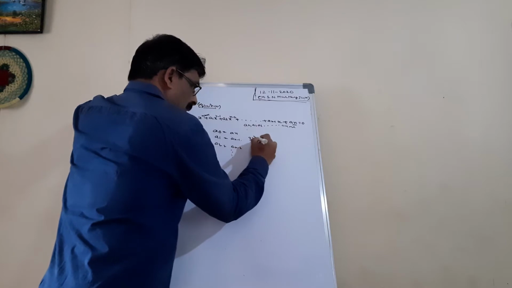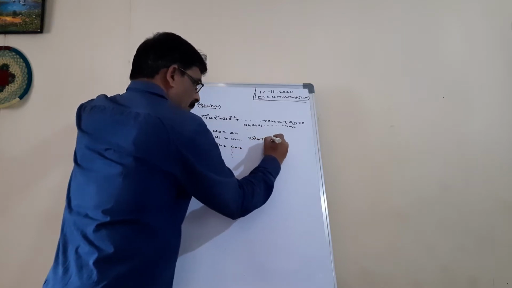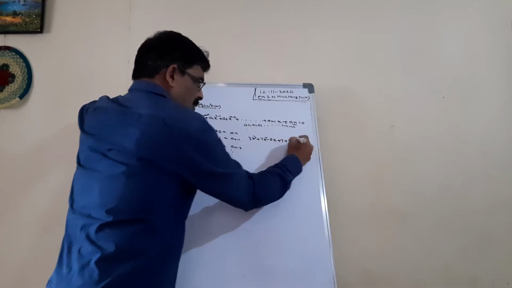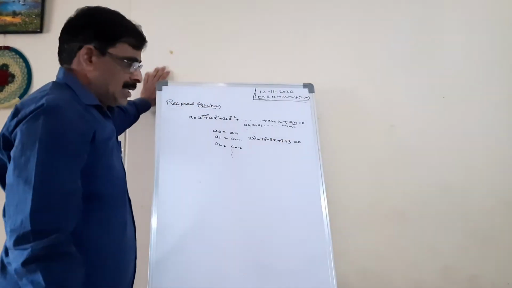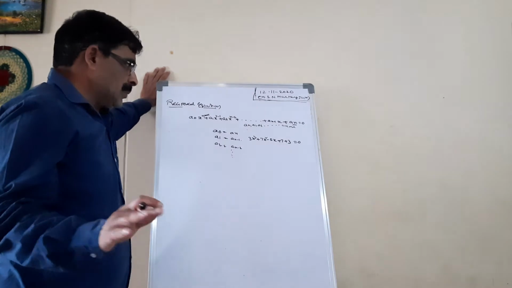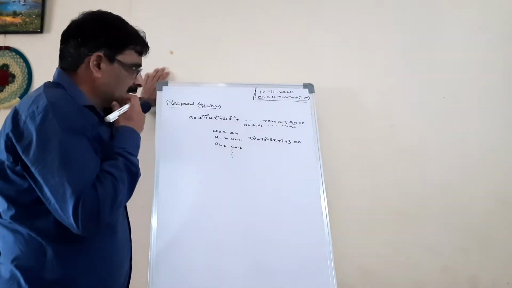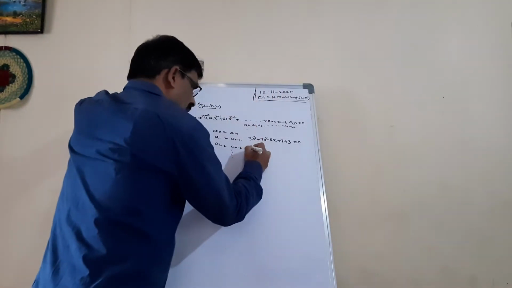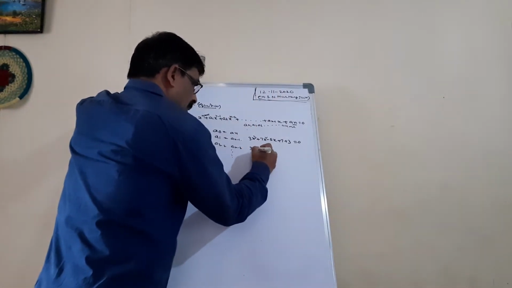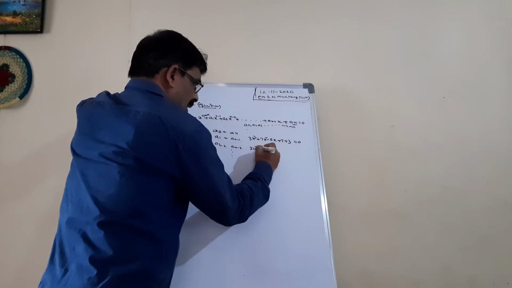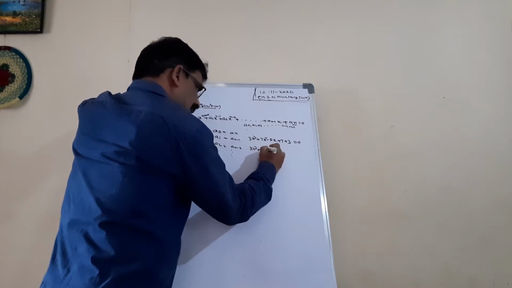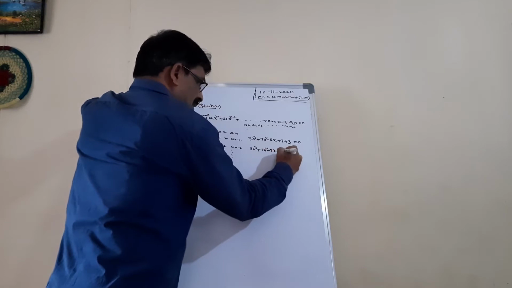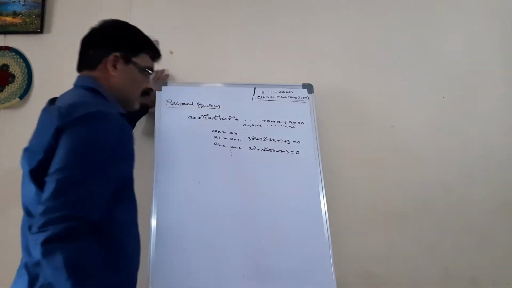For example, suppose 3x cube plus 7x square minus 5x plus 7 plus 3 equal to 0. Just observe that equation, no doubt it is a third degree equation. Now observe this one: 3x cube minus 7x square plus... 5x minus 7 minus 3 equal to 0.